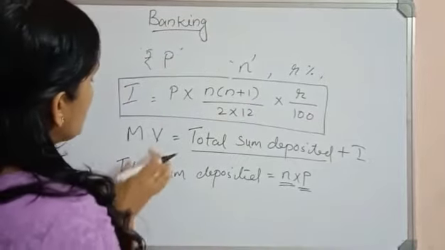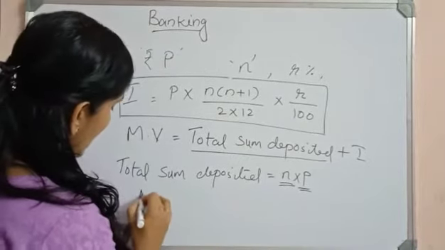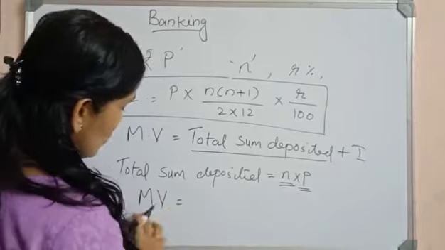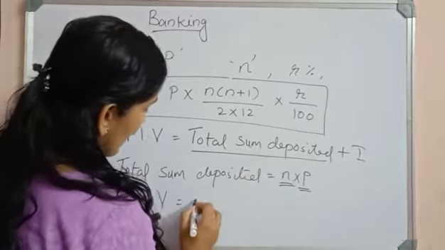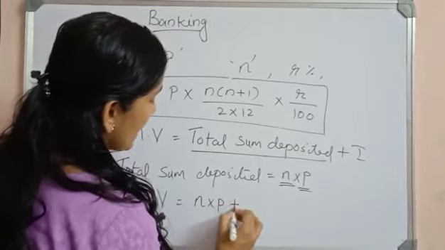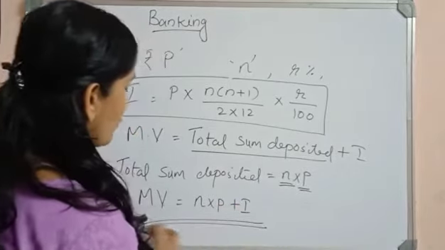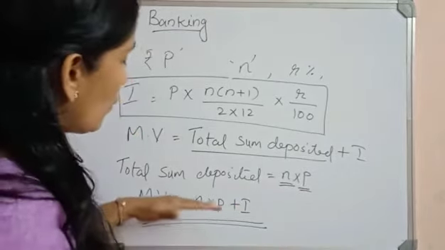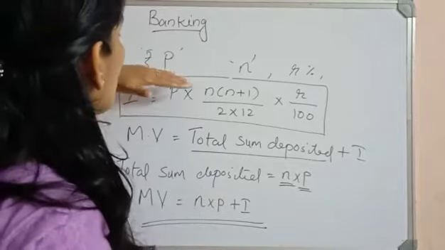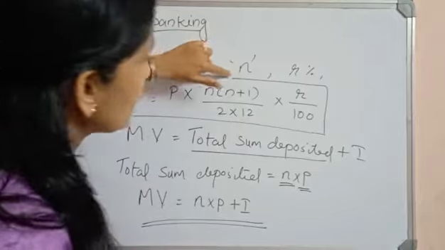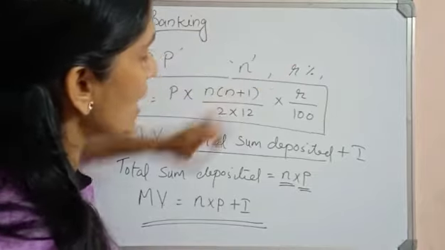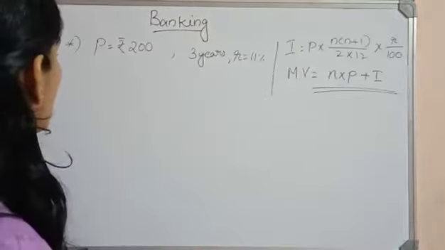Now the maturity value formula can be written as MV is equal to the total sum deposited, that is n into P, plus I. This is the formula to find the maturity value for a fixed amount, that is for the rupees P deposited in a bank for n months with the rate of interest as R percentage.